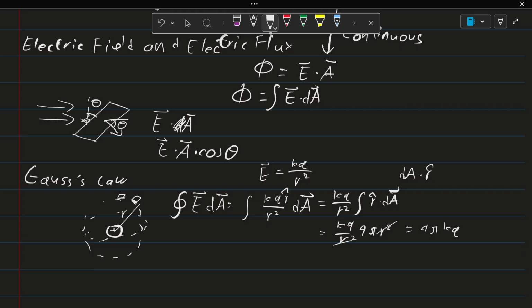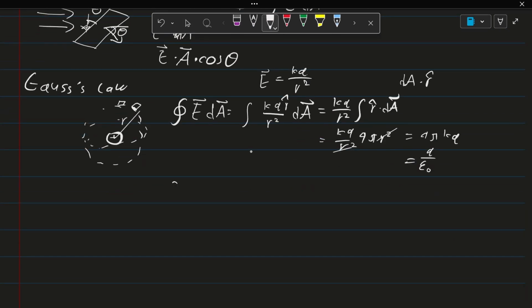This might seem hard for you to write. So instead, let's just write this as q over epsilon 0. So what is epsilon 0? Mathematically, epsilon 0 is just a number, which is 1 over 4 pi k.